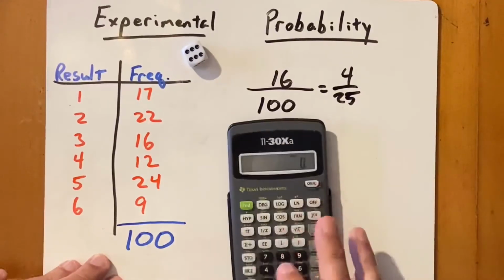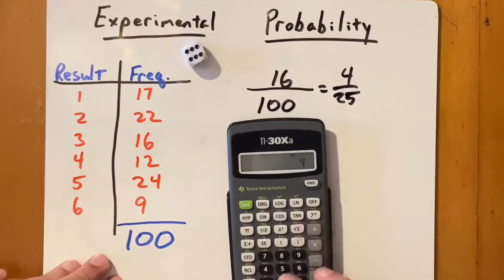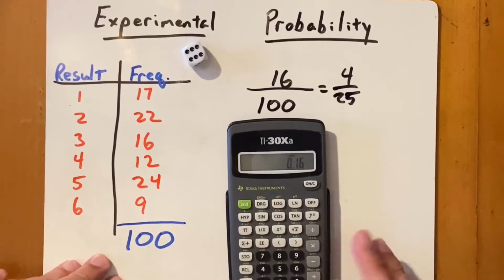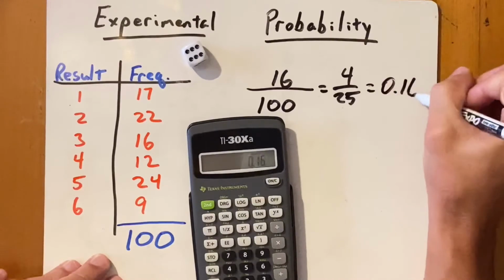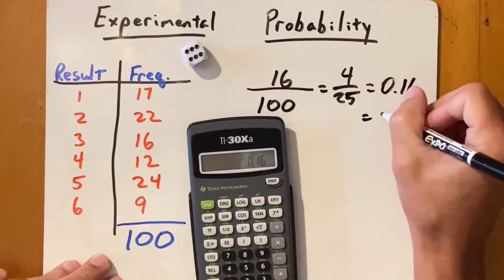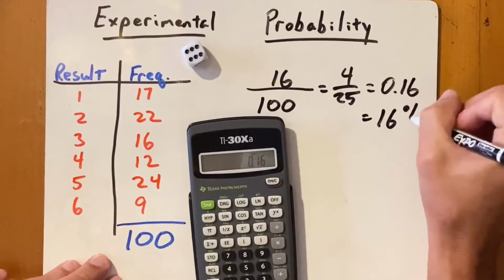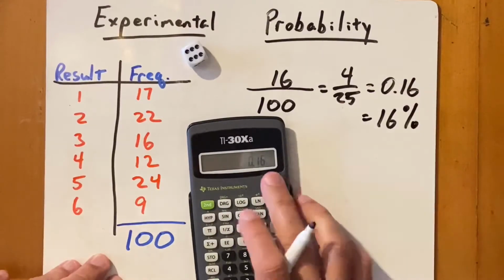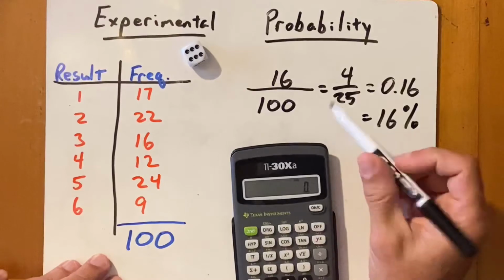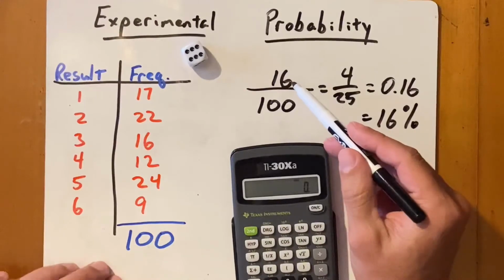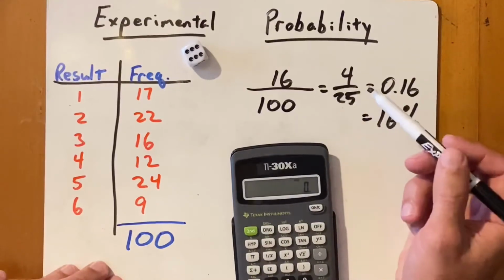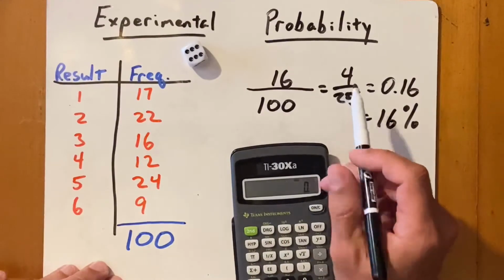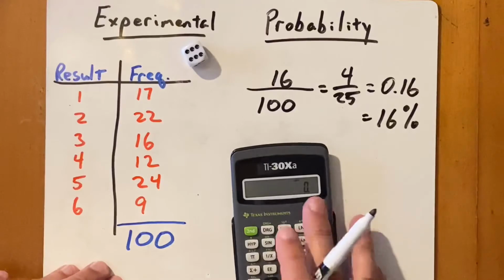Or I could put it in my calculator and simply do 4 divided by 25, or 16 divided by 100, and that would give me 0.16, or a 16% chance of a 3 coming up. So simply take how many times it has happened, which is the frequency, divided by the total number of trials in that particular experiment.